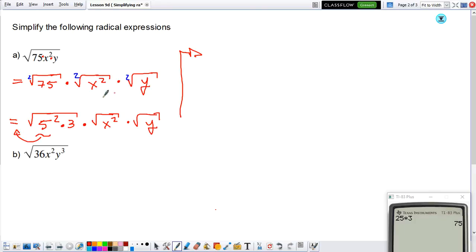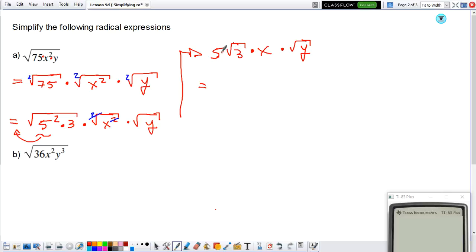So now the first square root becomes 5 square root of 3. Now let's look at the second square root. The exponent matches the root, so it cancels out. So I just have an x, times x. And there's really nothing you can do about the y, so times y. Now we multiply outsides with outsides, inside with insides.